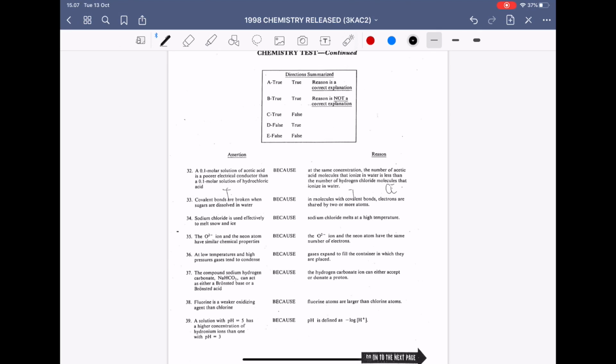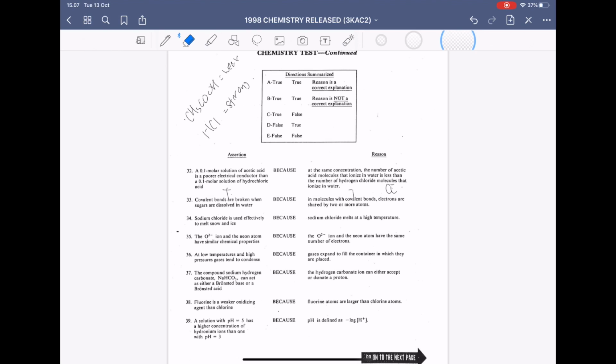So acetic acid, compared to hydrochloric acid, is weak, and HCl is very strong.